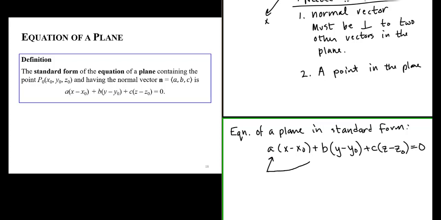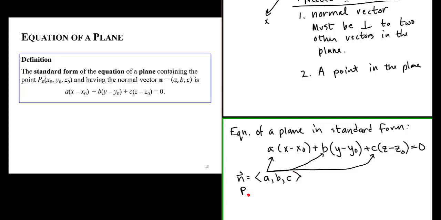Notice that the coefficient in front of each of the differences in coordinates defines the components of our vector normal to the plane. So our vector normal to the plane just has to be non-zero, it doesn't have to be a unit vector, but it has components a, b, and c.